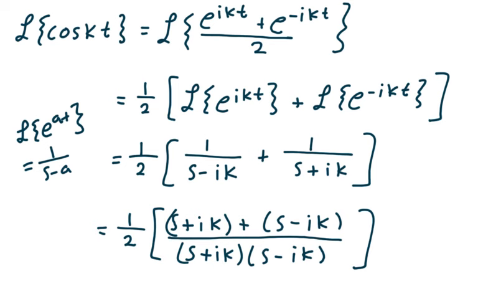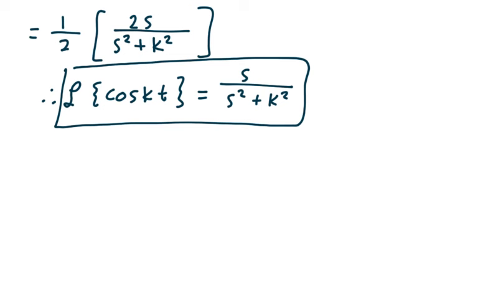So notice how the ik's cancel out, and I get 1/2 of 2s divided by s squared plus k squared. The 2's cancel, and the Laplace transform of cosine of kt is s over s squared plus k squared.